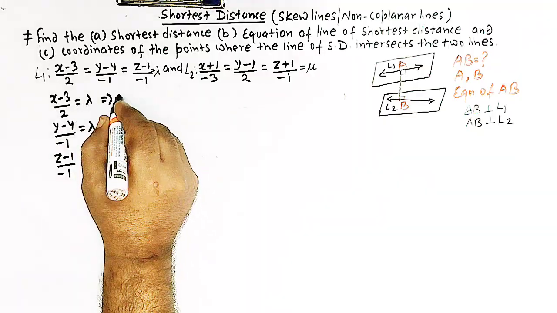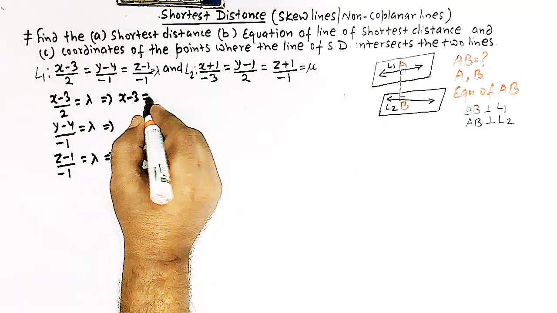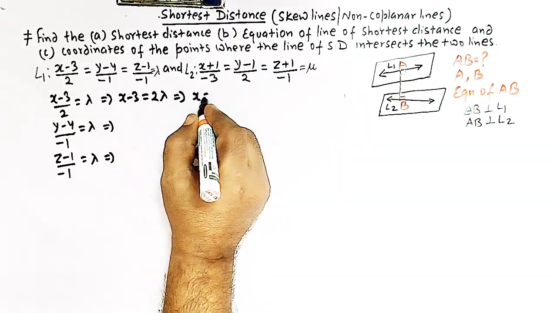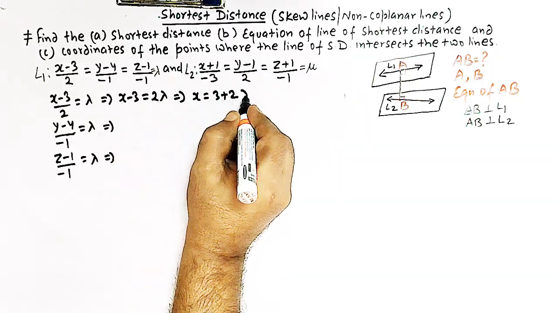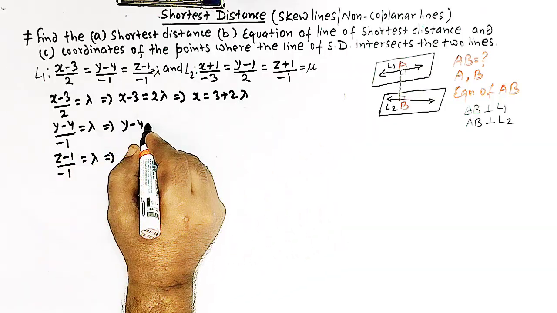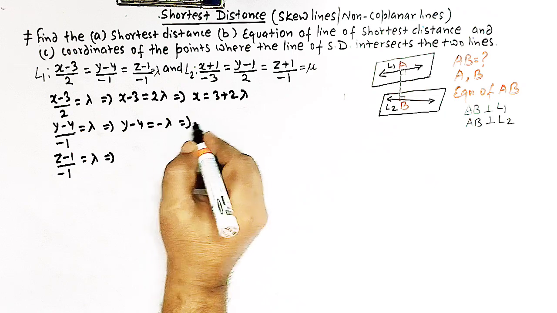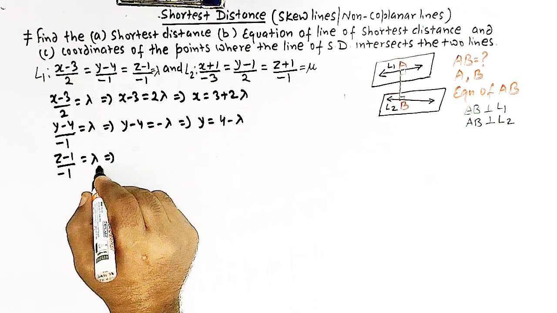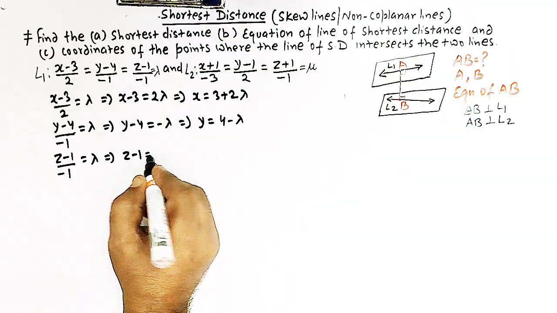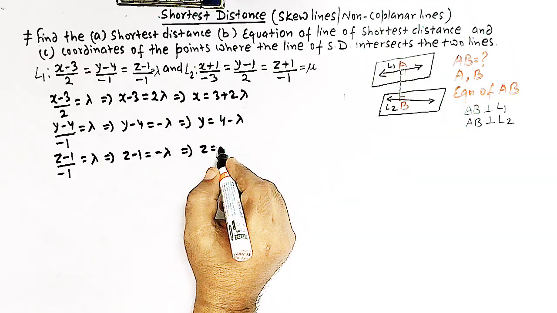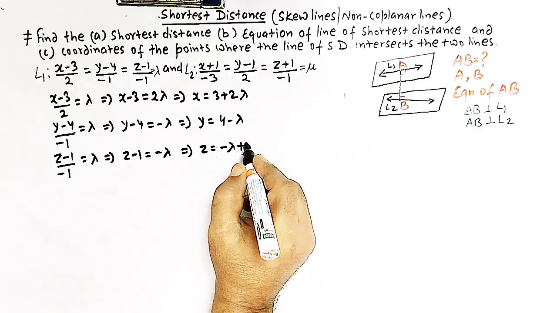From here we have x minus 3 is equal to 2 lambda, so x is equal to 3 plus 2 lambda. From here y minus 4 is equal to minus lambda, that is y is 4 minus lambda. And z minus 1 is equal to minus lambda, so z is equal to minus lambda plus 1.